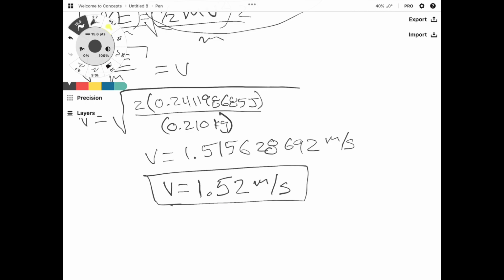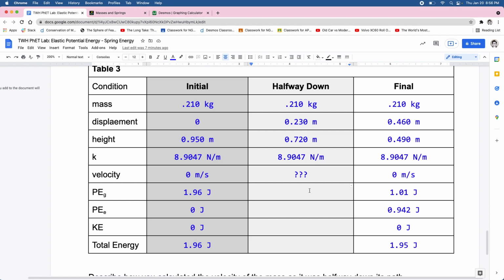Okay, back to the screen. Plug in all these values. Potential energy due to gravity is 1.48 joules. The elastic potential energy is 0.236.